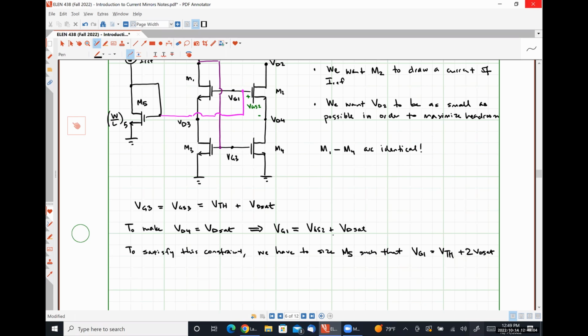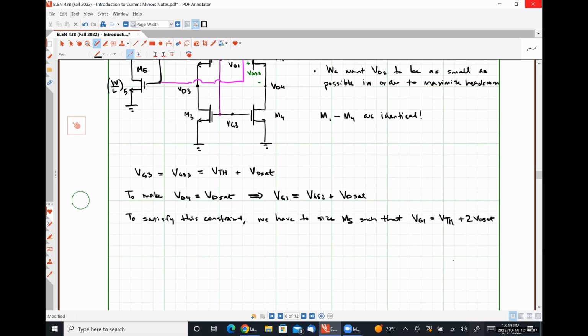Okay. So we need VGS5 to be equal to VTH plus the square root of twice I reference divided by mu n C ox times the aspect ratio of transistor M5.